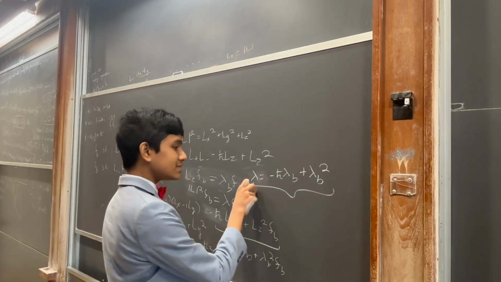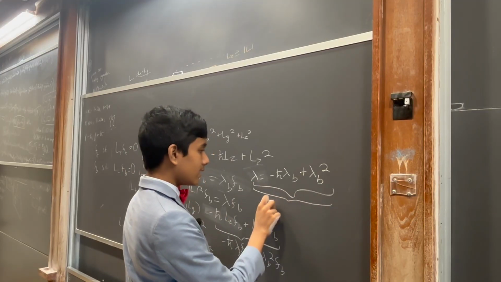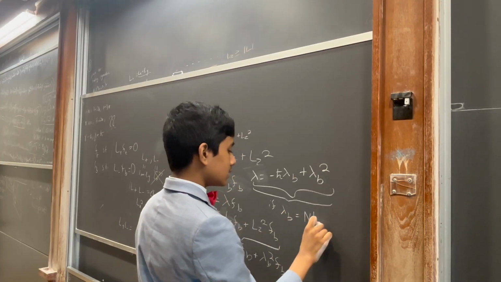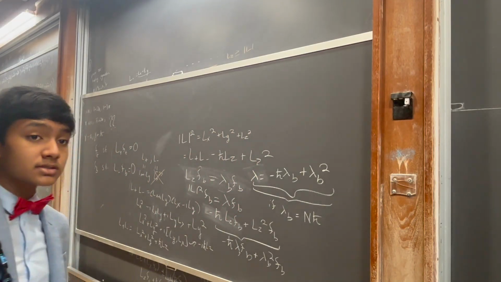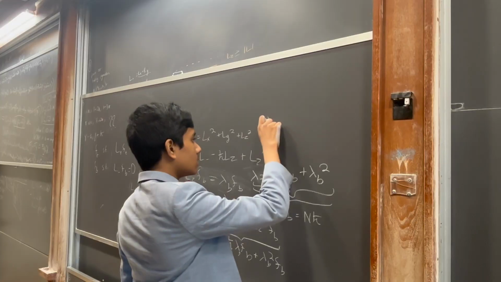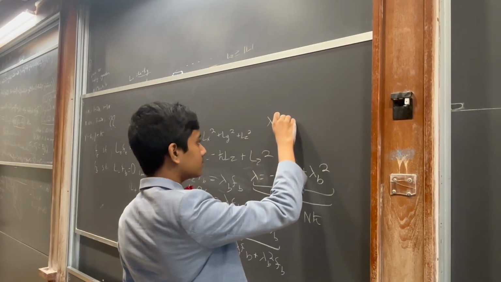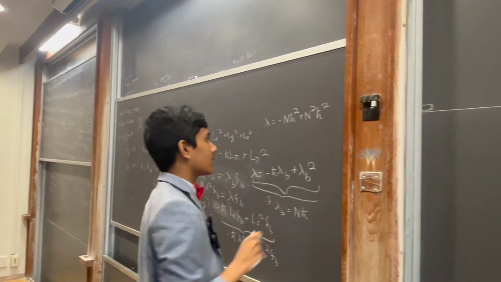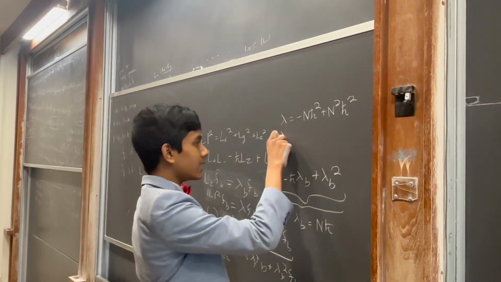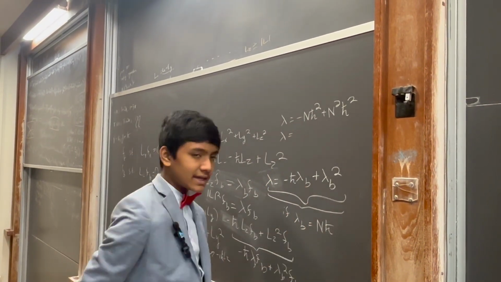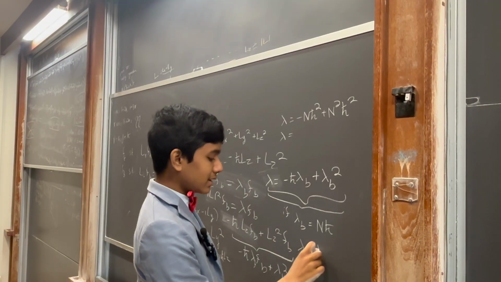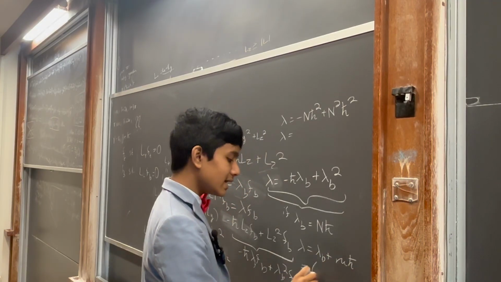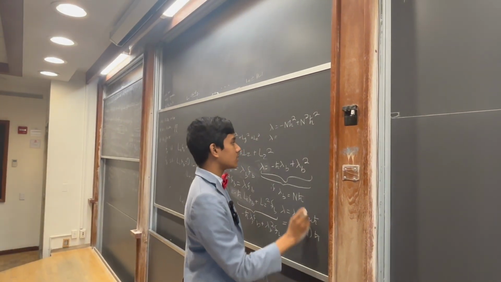The only way this makes any sort of sense is if lambda b is some multiple of H bar. So let's just assume that for a second. What happens? Well, we get lambda is equal to minus n H bar squared plus n squared H bar squared. And now consider that lambda itself, since lambda b is n H bar, has to be lambda b plus some amount. Let's call it m H bar, which means it has to be m plus n H bar.